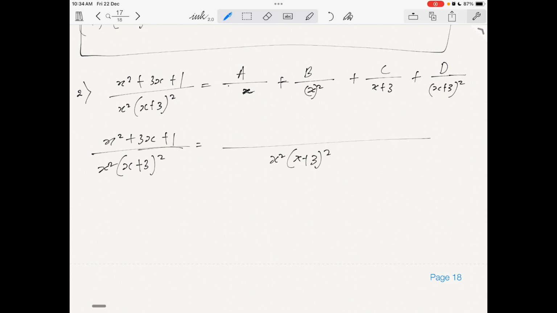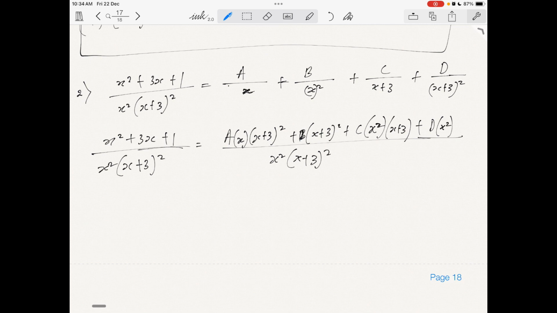So we have it to be A into x plus 3 squared, plus B into x plus 3 squared, plus C into x squared into x plus 3, and plus D into x squared.